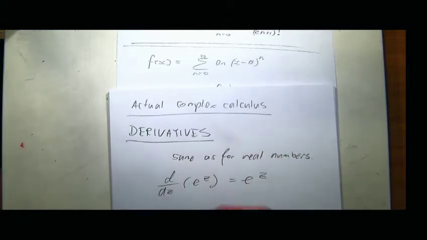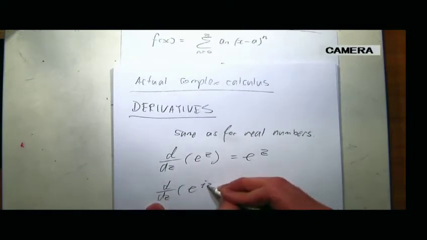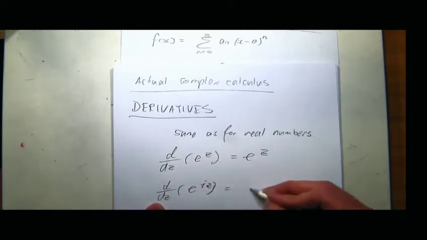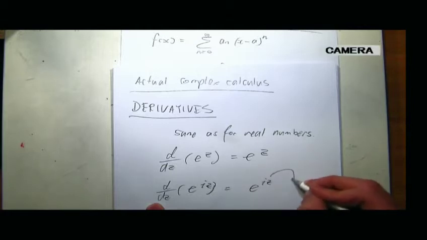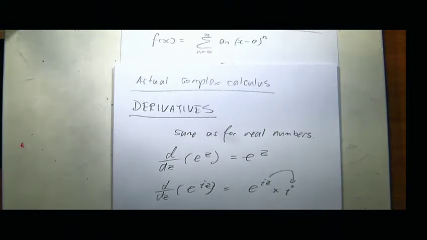And the chain rule still works. You know, the derivative of e to the iz, well, it will be e to the iz, and because of the chain rule, it'll be times the derivative of that, which is i, because that's the constant that's next to z. And that's just it. It's not really more special than that.